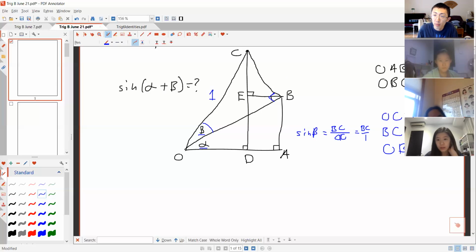Yeah, it's cosine beta. So I'll put these in. So sine beta, this is cos beta for the whole length. Okay, so now can we get the length of AB? We know the hypotenuse of OAB now. What's AB in terms of alpha and beta?